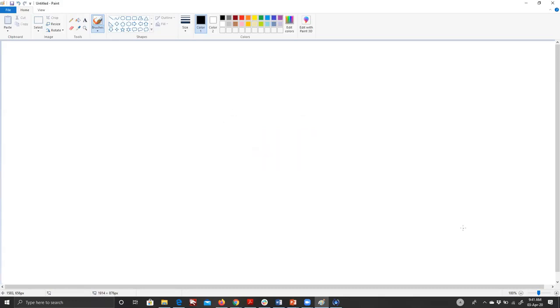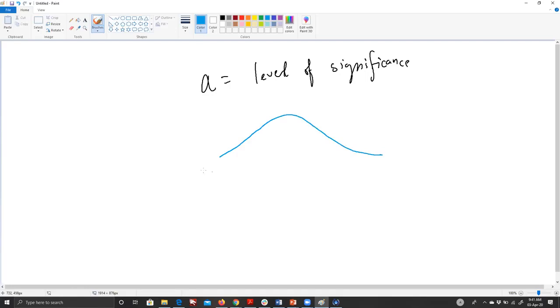Now, what is alpha? It's basically called the level of significance. In this Gaussian, how would you represent alpha? Percentage of confidence, right?